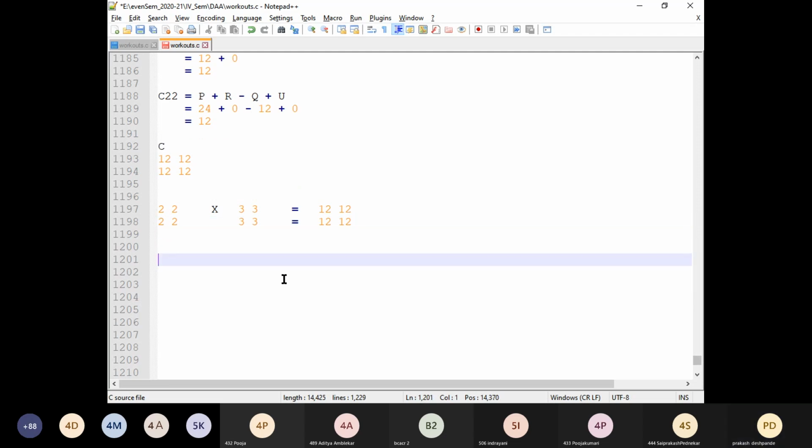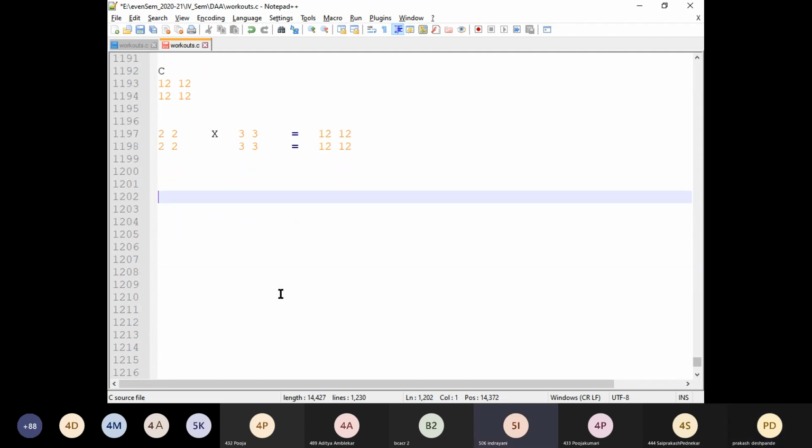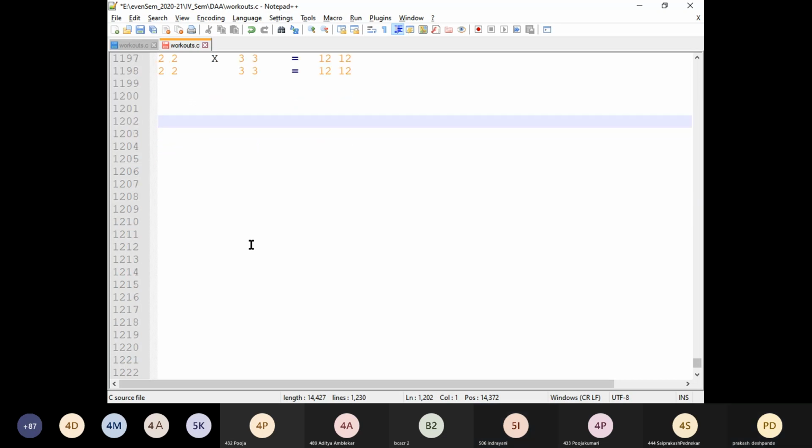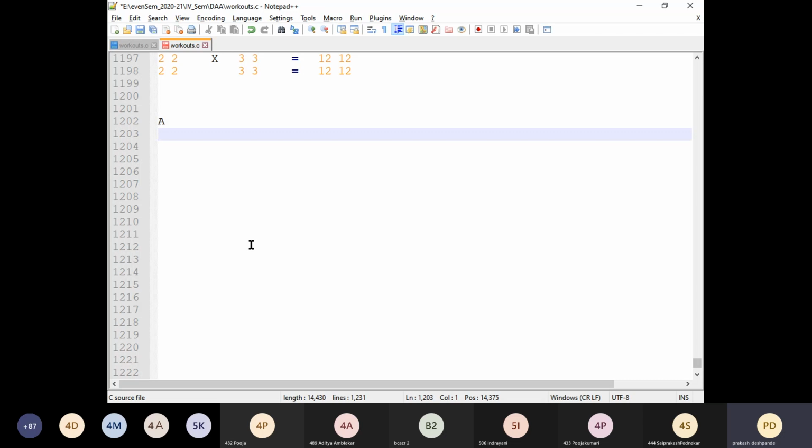Completed? Yes, sir. Okay. Now let us move to the second one. For the second one, you can write the heading as: multiply the following matrices using Strassen's matrix multiplication method. That can be the question. The first one, A, is 1, 2, 3, and 4.